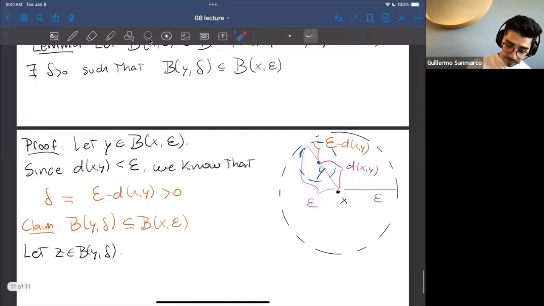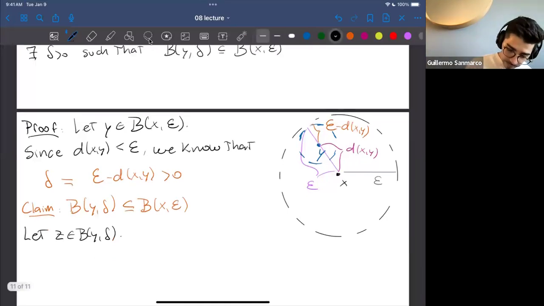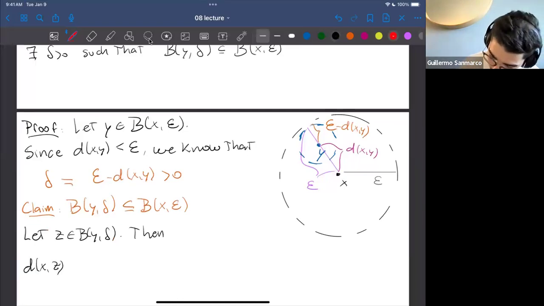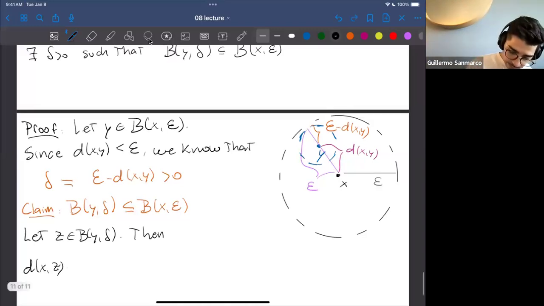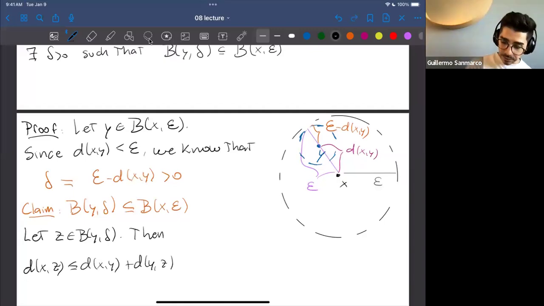So let's compute the distance from x to z. So your z is somewhere over here, something like here. The idea is this distance is going to be at most this sum. So let's compute it. The distance is, by the triangle inequality, smaller than the distance from x to y plus the distance from y to z. And this is the triangle.